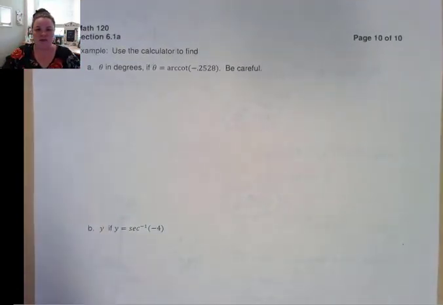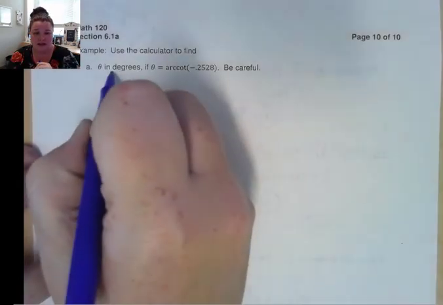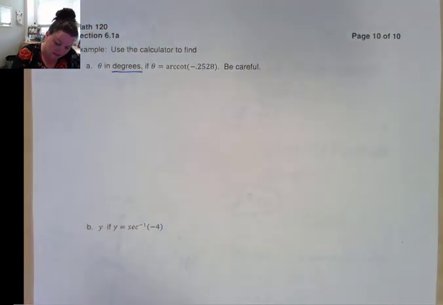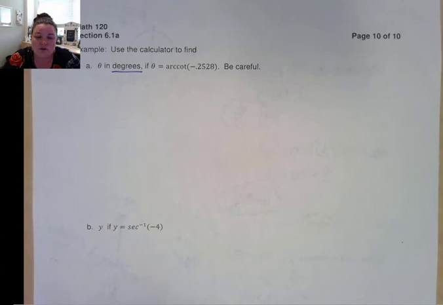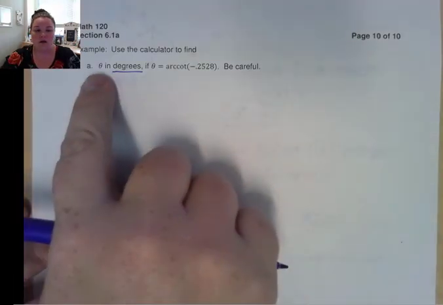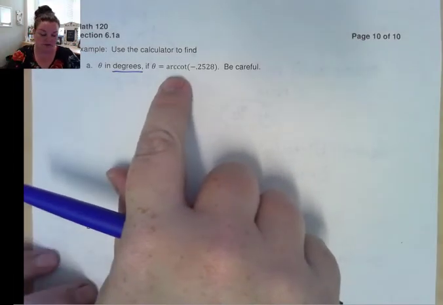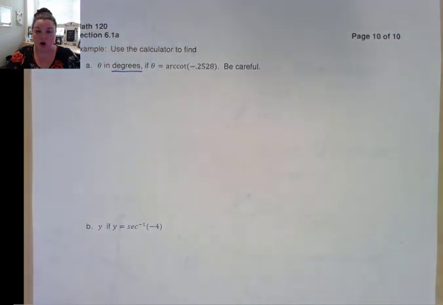So for this one, it says use a calculator to find theta in degrees, okay, if theta is equal to arc cotangent of negative 0.2528, okay, and it says be careful. So we're going to talk about why. So the first thing we want to do is we're looking for theta, and we're talking about arc cotangent.